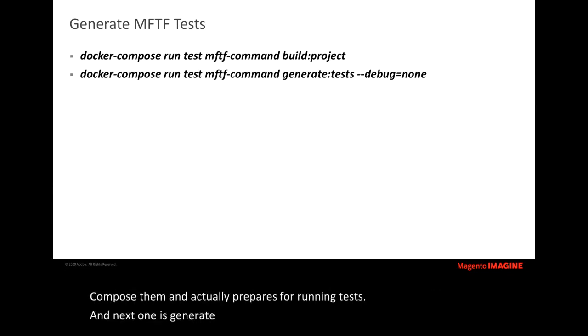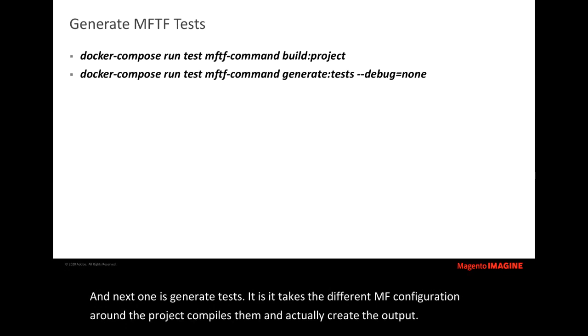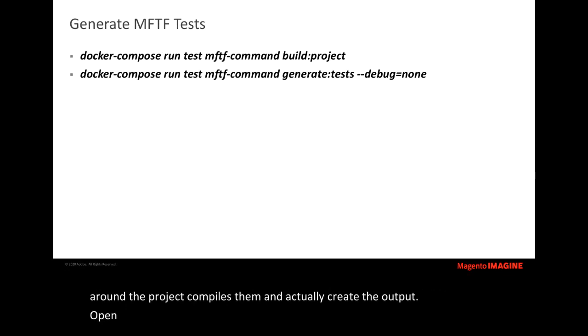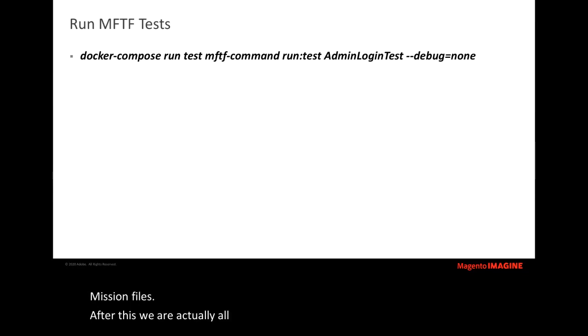It takes the different MFTF configuration around the project, compiles it, and creates the output configuration files to run the MFTF. After this, we are all good to run our tests. Here is an example of how to run the admin login test.